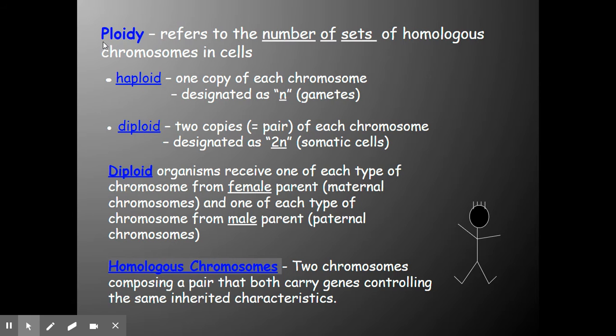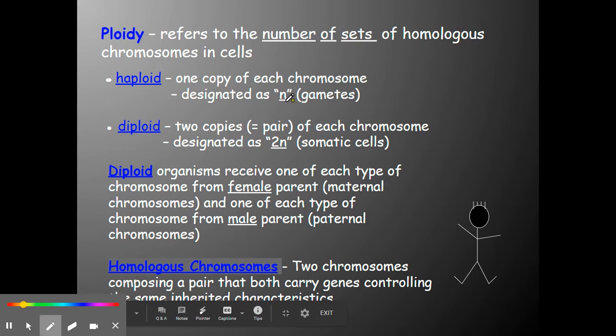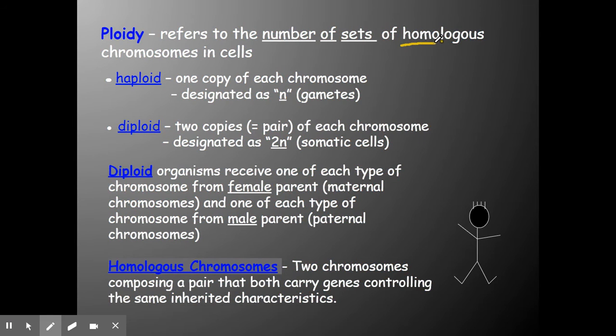Moving on. Like I talked about, ploidy just refers to the number of sets of homologous chromosomes. Homologous, homo, referring to same, or same kind. So it just refers to the chromosomes in the cell.